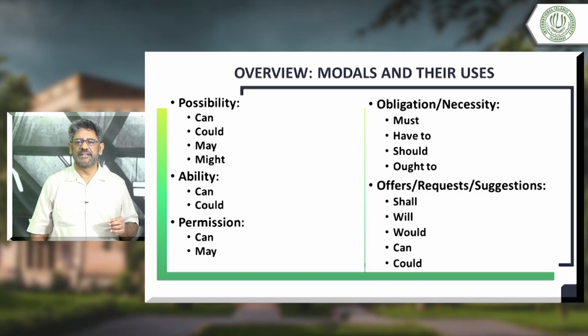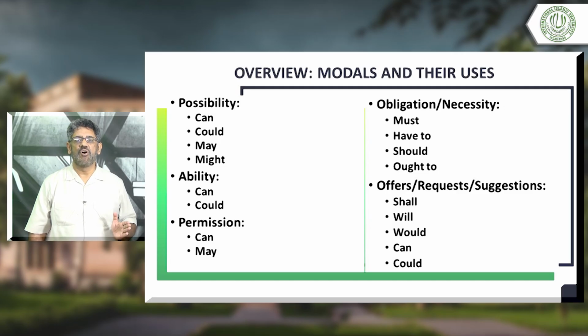How do we show ability? Can, could. I'll make sentences, don't worry. Permission: can, may. Then obligation, necessity: must, have to, should, ought to.